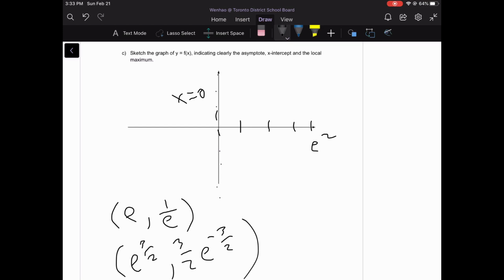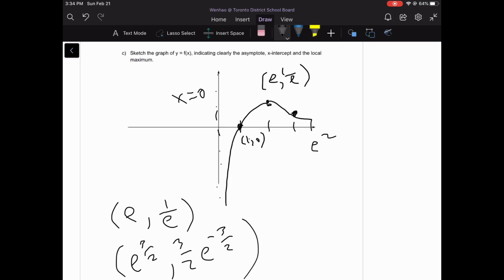Alright, so it starts off at negative infinity, it crosses 0, and then it reaches a maximum at the coordinate e, 1 over e. This is 1, 0. And then it decreases to here, and then it reaches a point of inflection.